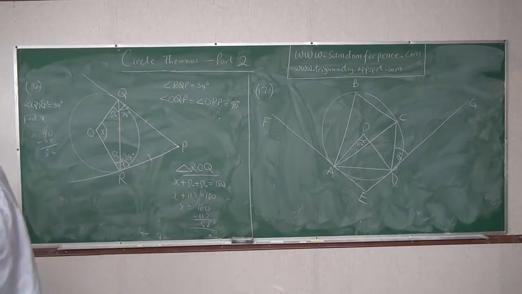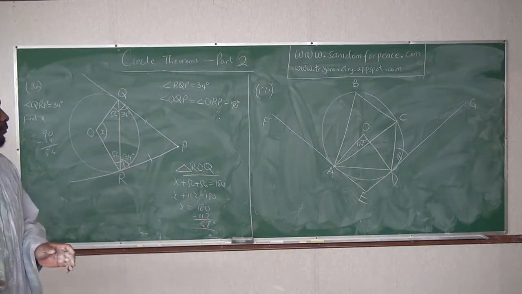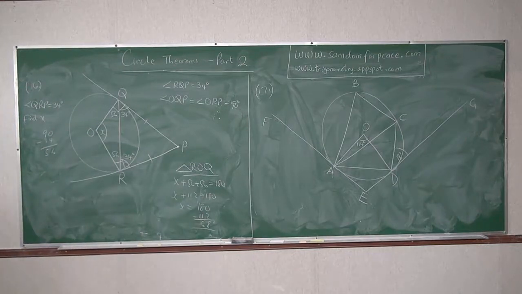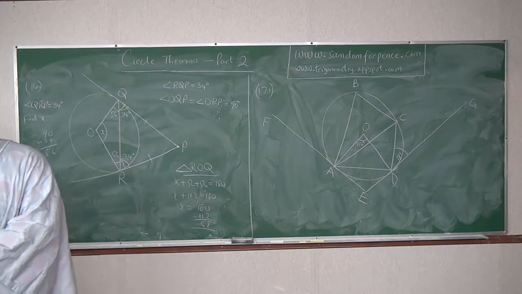Okay, it says here: the diagram below, not drawn to scale, shows a circle with center O. The points A, B, C, and D are on the circumference of the circle.